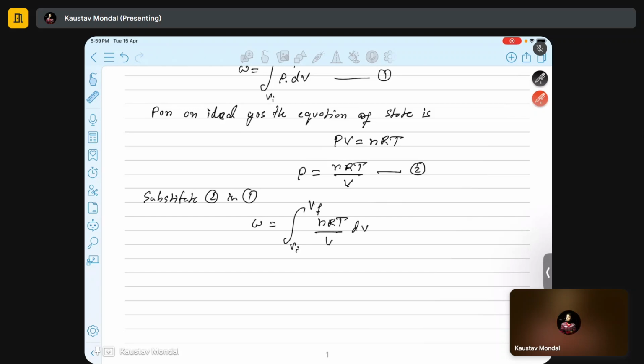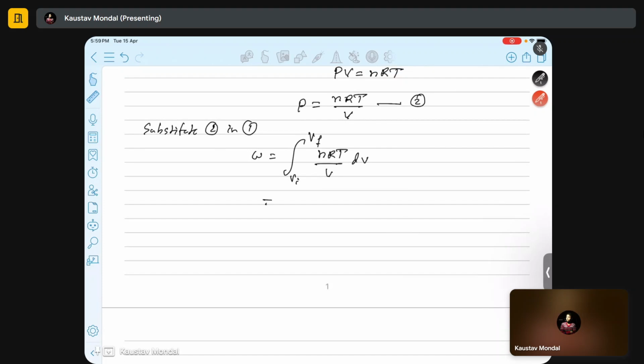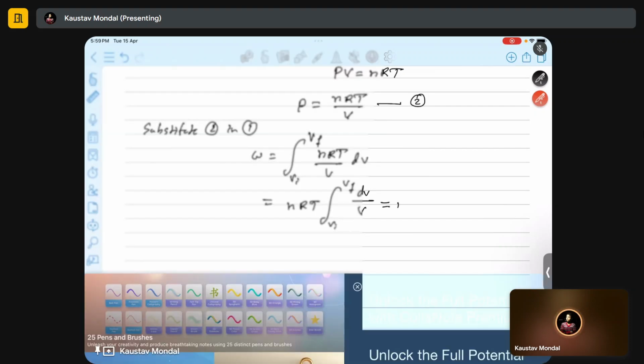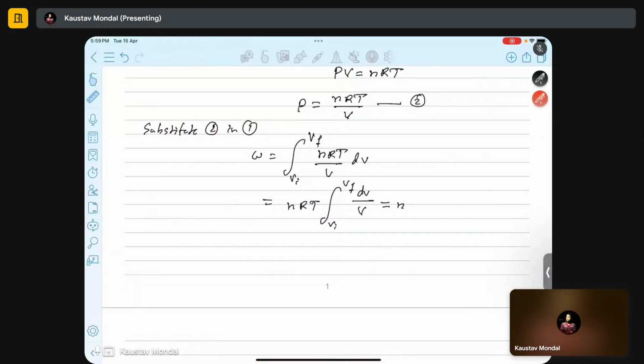Now W equals nRT times the integral from Vi to Vf of dV by V. If you do the integration, this will simply give you nRT ln Vf by Vi. So this is the general expression of work done.